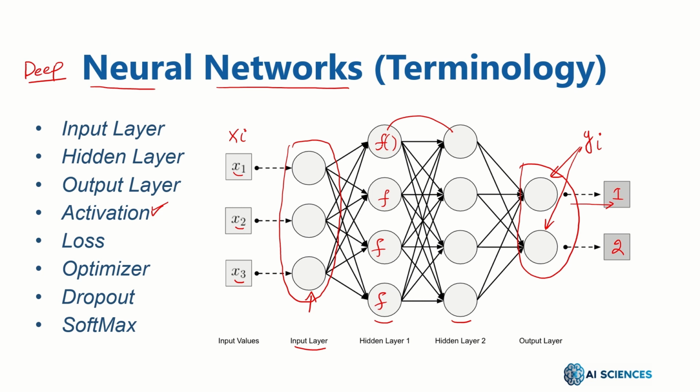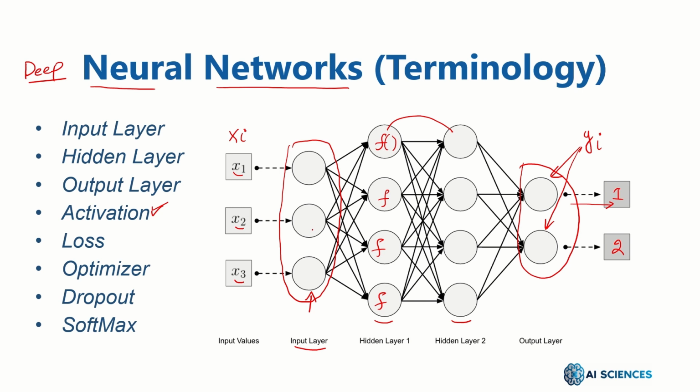Practically, for each layer the same activation function is used, but in the general model each unit can have different activation functions. That might be very hard to implement, track or debug, but the general architecture of deep neural networks satisfies this property that each unit can have a different activation function.